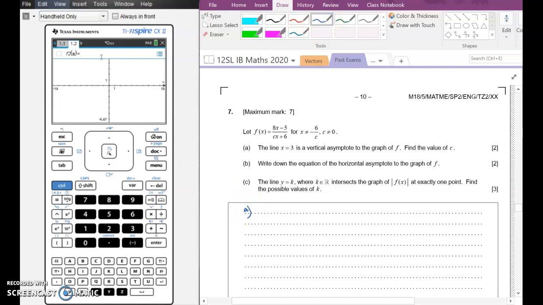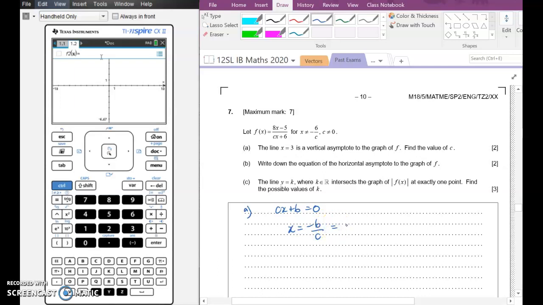In part A, it says that the vertical asymptote is x equals 3. Find the value of c. So if the denominator can't equal 0, then x must not equal negative 6 over c. That would be my asymptote.